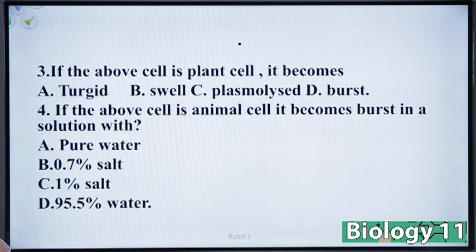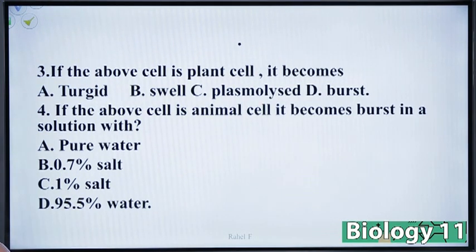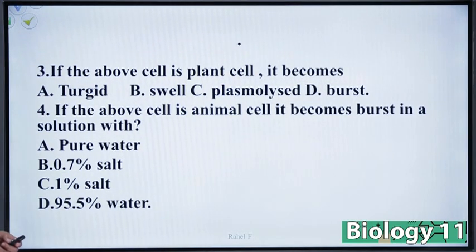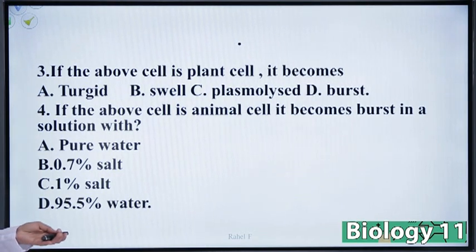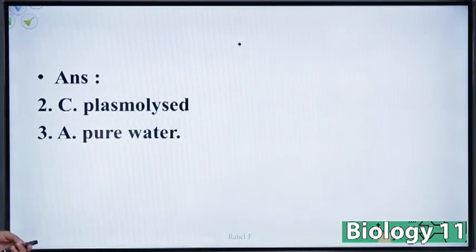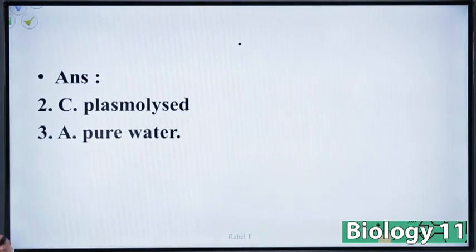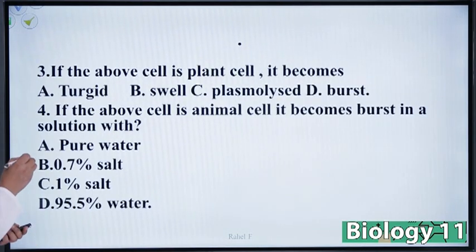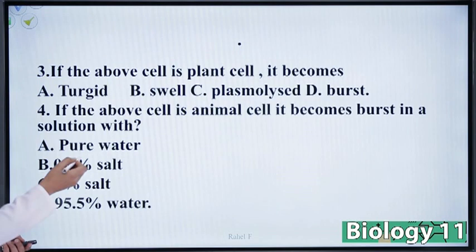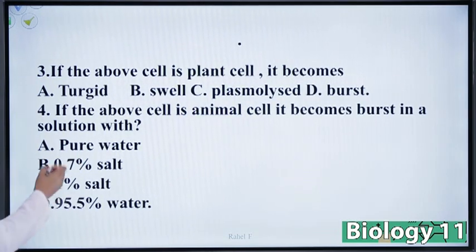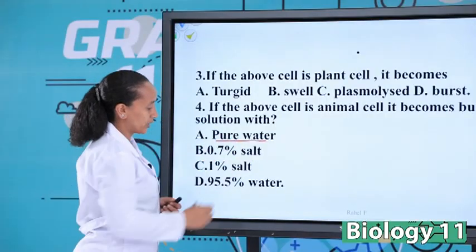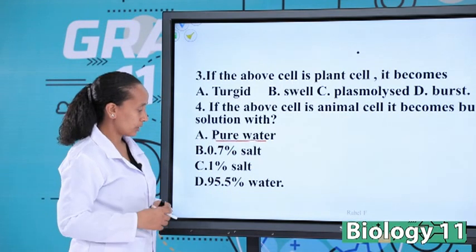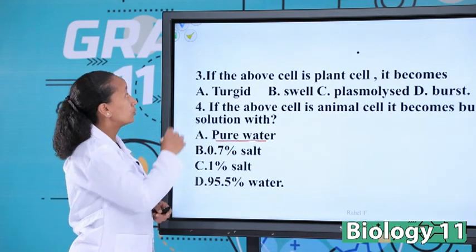Look at the choices carefully and try to answer. Okay, the answer is pure water, because if the cell is an animal cell and it gains more water when placed in pure water, it bursts. The other solutions cannot lead to bursting.